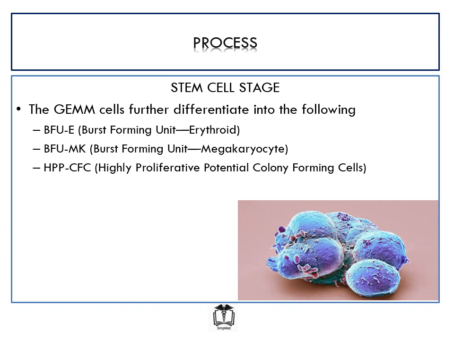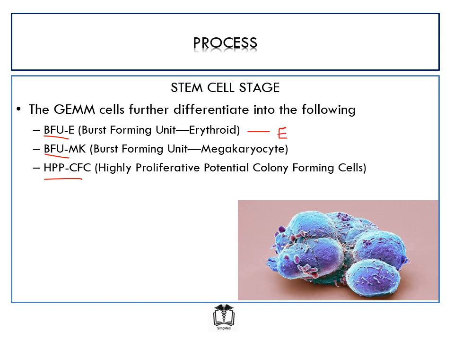And this GEMM or myeloid committed stem cell would eventually differentiate into either of these three progenitor cells. So they could either differentiate into the burst forming unit erythroid, or the burst forming unit megakaryocyte, or the high proliferative potential colony forming cells. Each of these cells are progenitor cells for different lineages. So the burst forming unit erythroid is the progenitor cell for erythropoiesis, and that's what we'll focus on in the next slide.